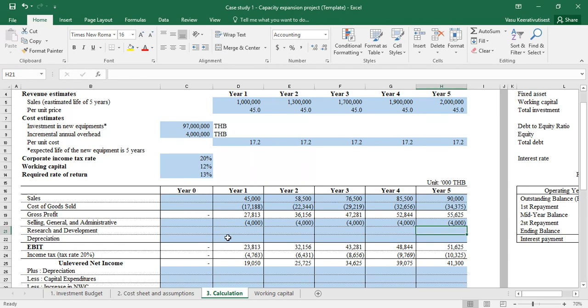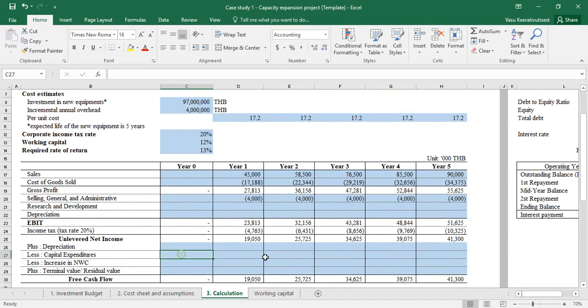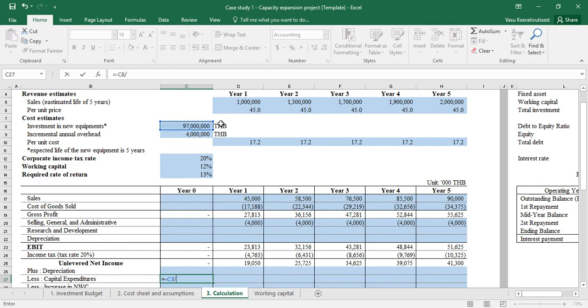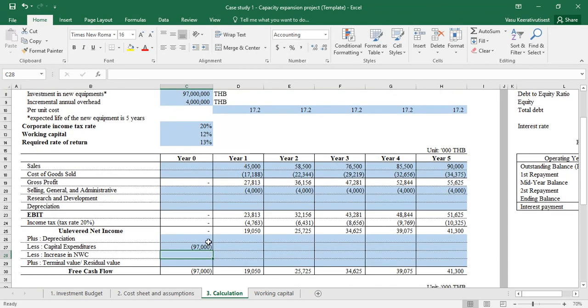In terms of the depreciation, let's work on this one first. Capital expenditures is equal to this one divided by 1,000, and this is a cash outflow. So depreciation is equal to this one divided by 5, as the case mentioned that the lifetime is 5 years.